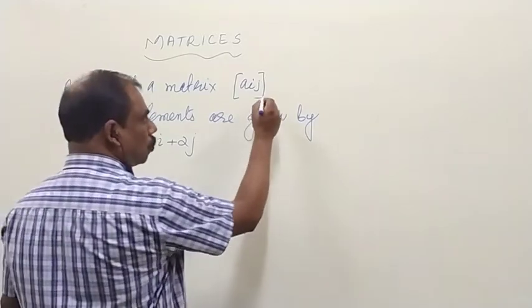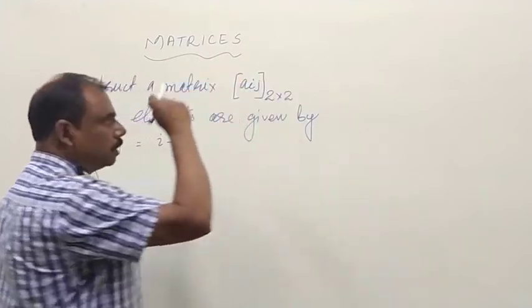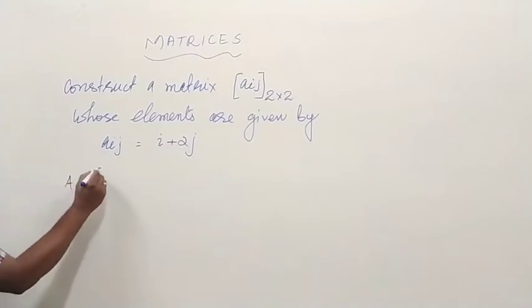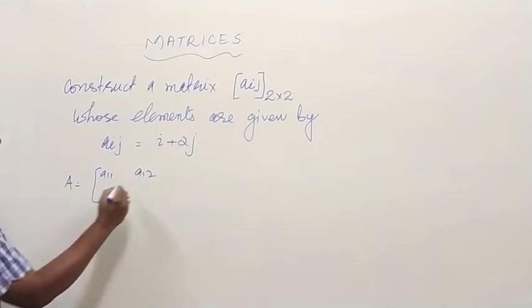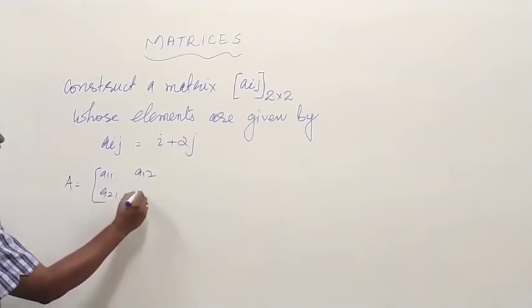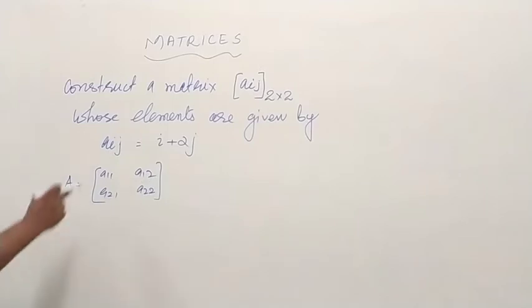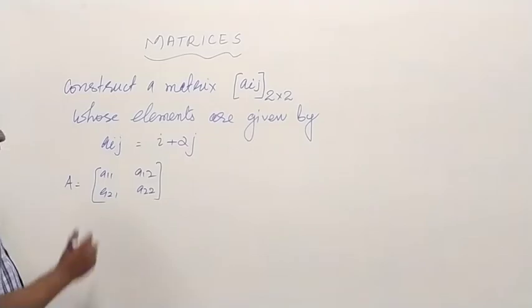But if you restrict this question, say for example, I need to construct a matrix Aij of order 2 by 2, that means your A should be of the form A11, A12, A21 and A22. With the given condition Aij equal to i plus 2j, we need to find all these 4 entries.